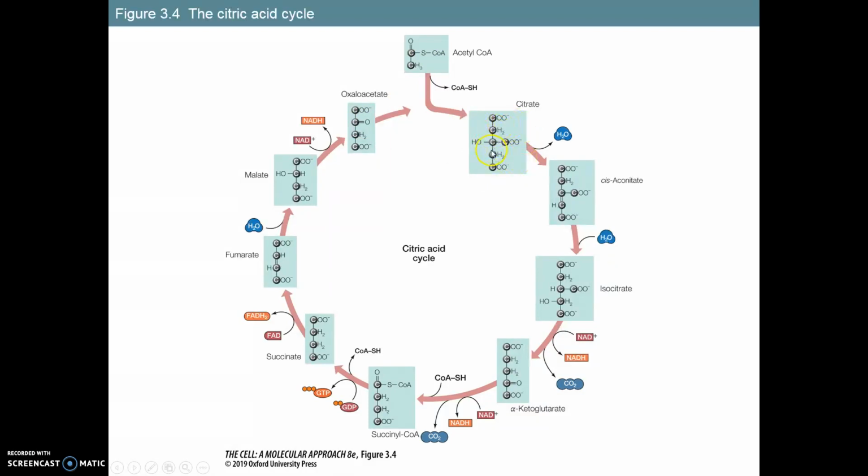Now, once we have citrate, what we are going to do is dehydrate it, okay? That is going to result in the creation of a double bond. That double bond then becomes a reactive point where we can rehydrolyze it.